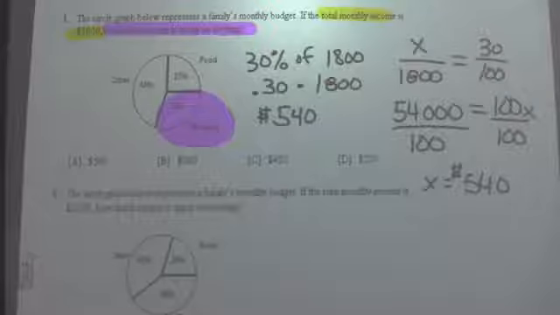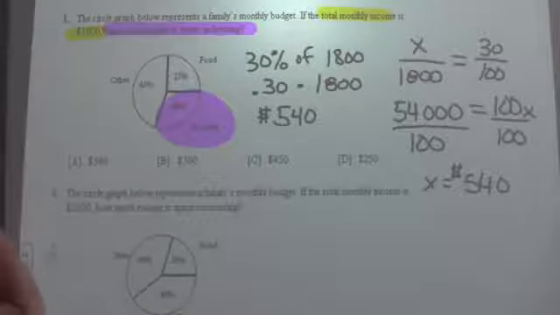So you decide. Okay, another thing that you will commonly see in a story problem or in a circle graph problem, and this one's not quite asking it the way I want it to, so I'm going to change it.